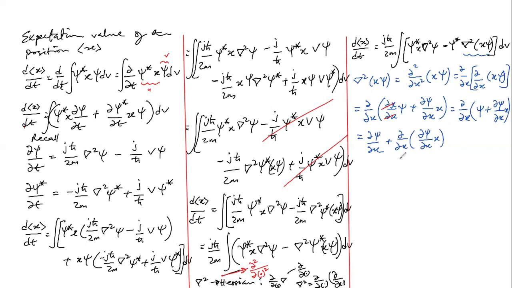Okay? And once again, we can resolve this. Let's say this is u, and this is v. So u dv, then we'll be able to resolve that again.